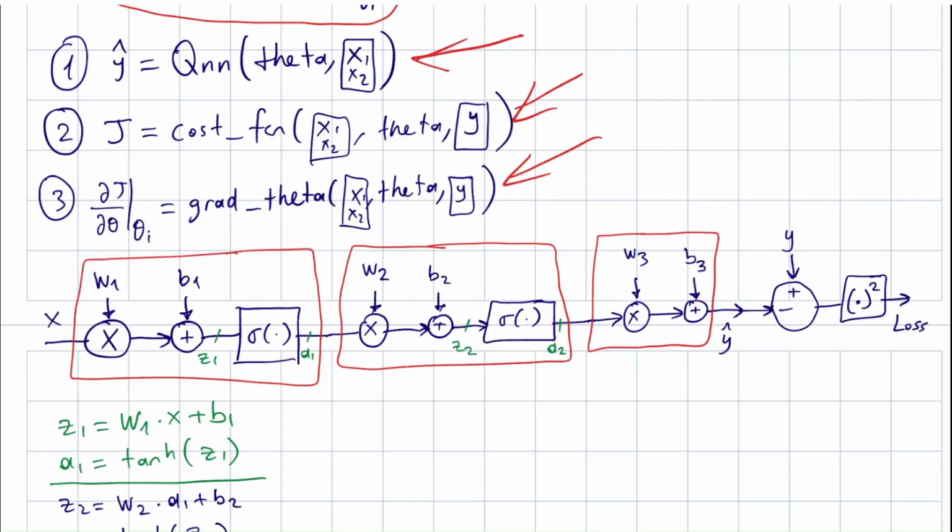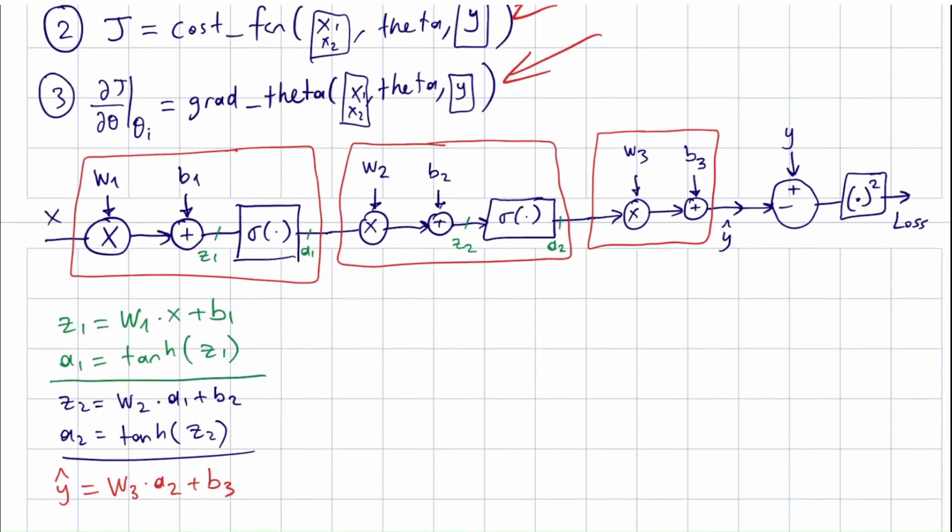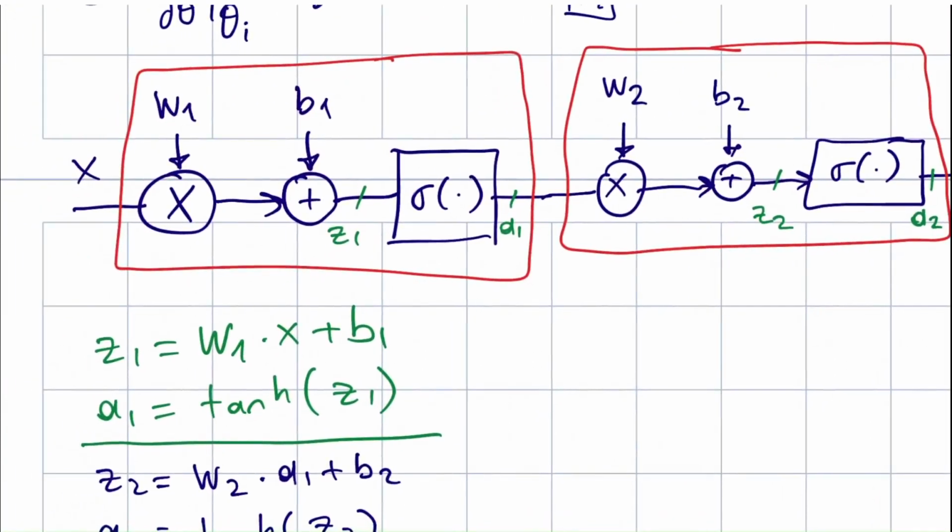Let's look at layer number 1. Here I also named the signals z1 and a1.